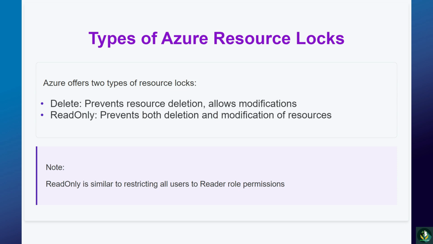By providing these two types of locks, Azure offers flexibility in how you protect your resources. You can tailor your protection strategy to the specific requirements of each resource or resource group, ensuring that your critical Azure assets remain secure and available, while still allowing for necessary operations and management tasks.